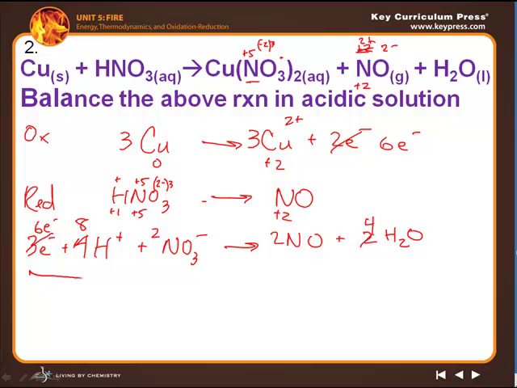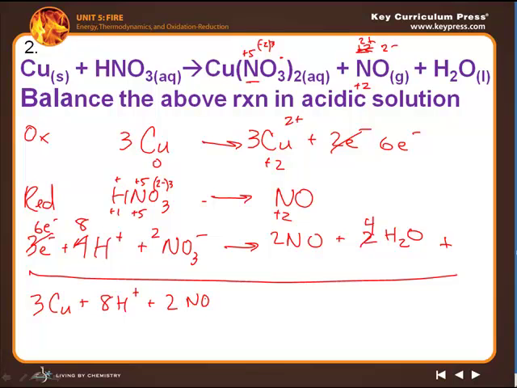So last step is to, again, add these up because it's an acidic solution. We've got 3 coppers plus 8 hydrogen ions plus 2 nitrate ions plus 6 electrons.